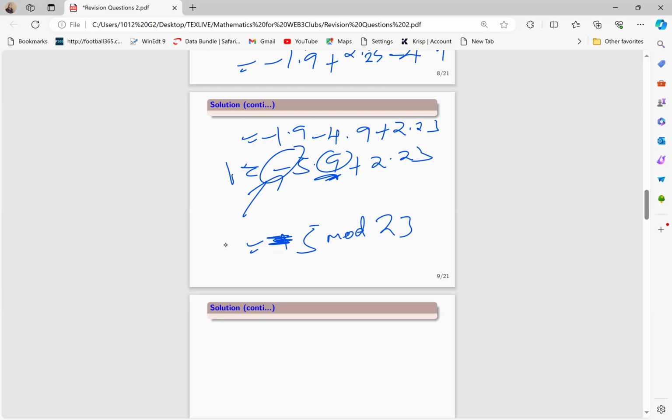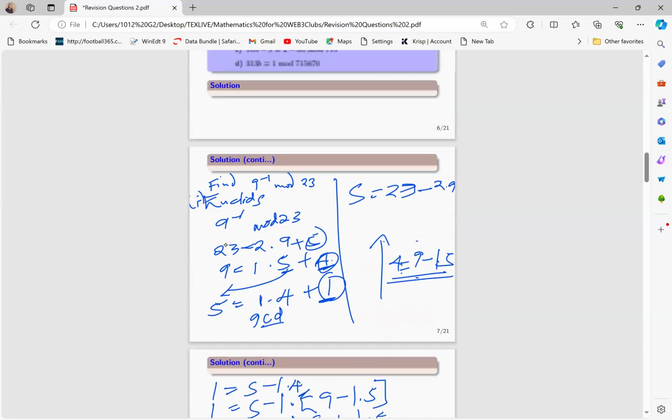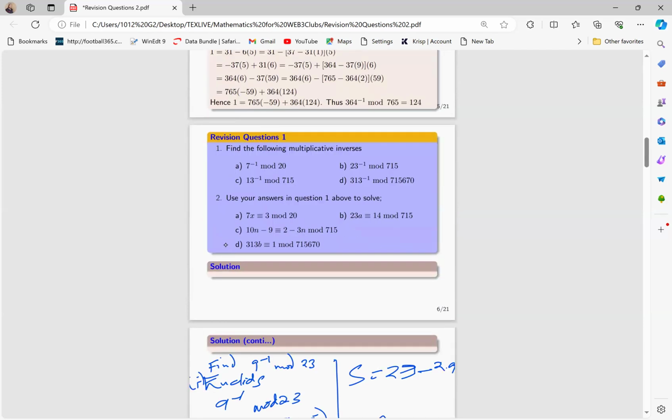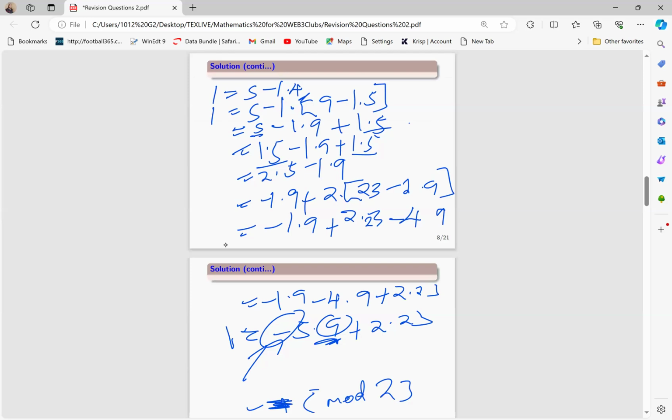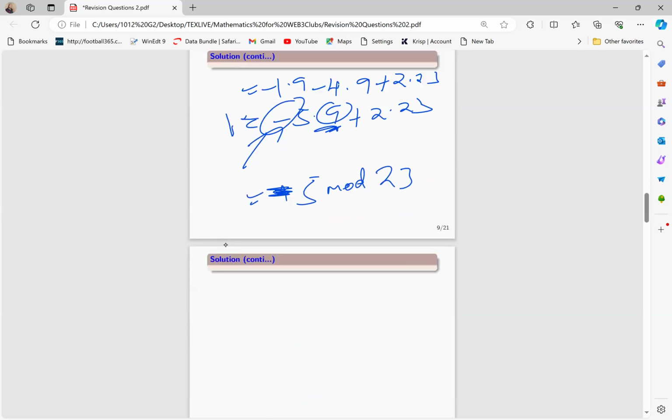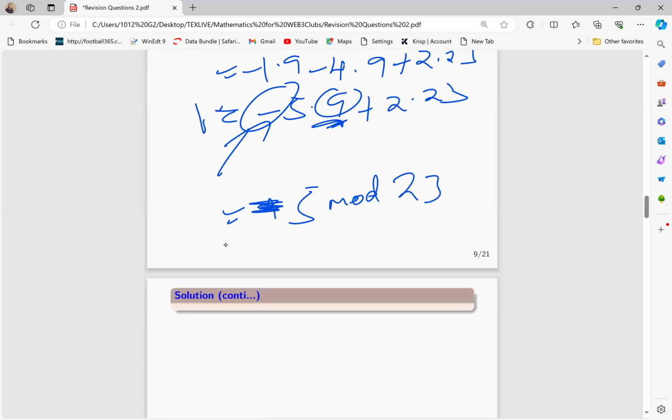So that's correct. The inverse of 9 would be negative 5, and now you make it positive. It becomes 18 mod 23.